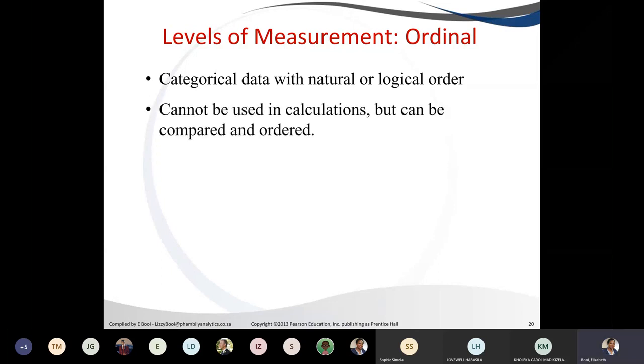Similar to nominal, you cannot use it in any calculations, but somehow we try to use it to compare things. In your first level module, you just need to know that you cannot use it in any calculation. You cannot calculate the mean, the median, or the standard deviation. But you can use it to compare, because you can see how people have answered.